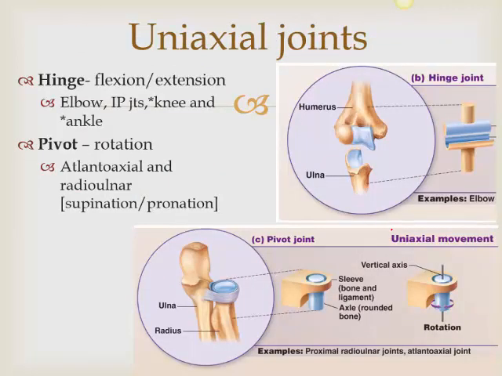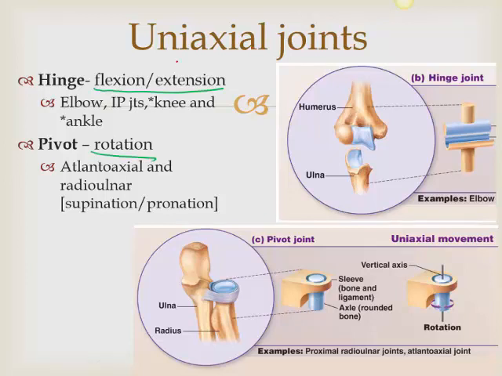Then we have joints which allow movement in one axis. So either they allow flexion and extension to occur, or they allow rotation to occur. We don't have a joint which just allows abduction, adduction to occur. So we only have these two types of uniaxial joint, one axis.